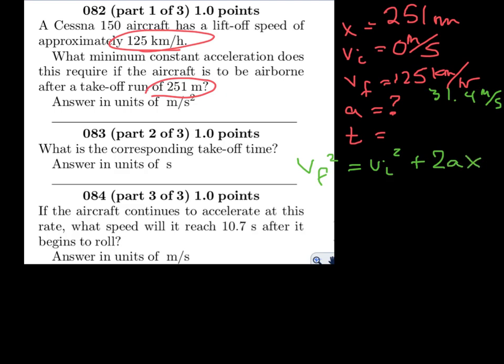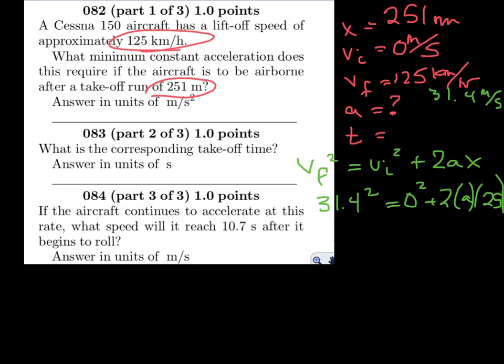So we know our final velocity is 31.4, and don't forget to square that. That's going to equal 0 squared, because remember we started out at 0, plus 2 times a, that's what we're solving for, times 251.